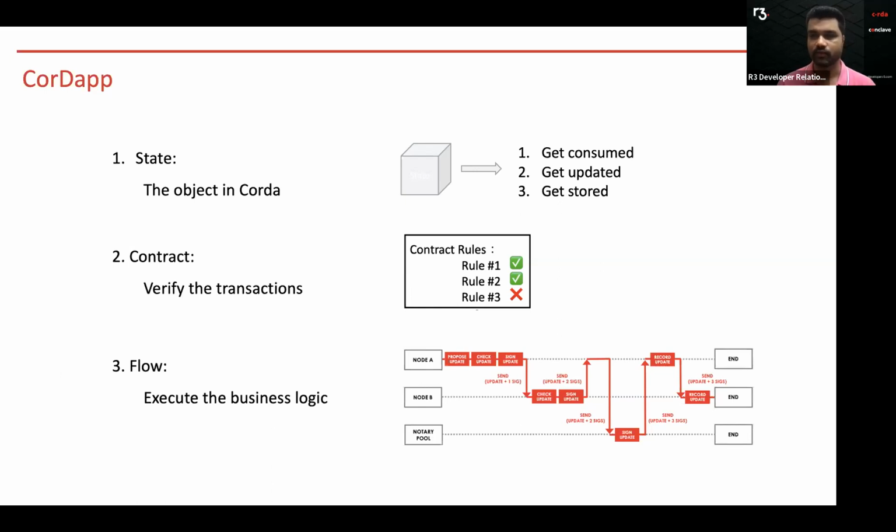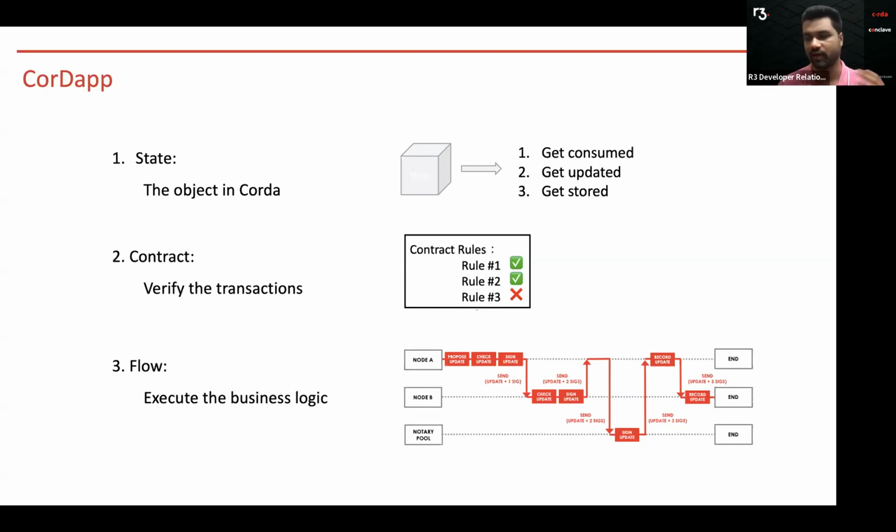Now put this together, you have flows. Finally, the flows are the ones which will coordinate all this process of updating your ledger. This is where you build the transaction and then send it across to different parties, getting their go-aheads and all those different validations, and that all happens within the context of the flows.